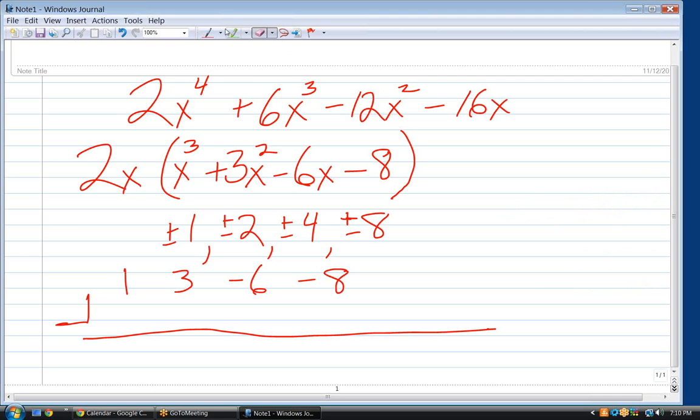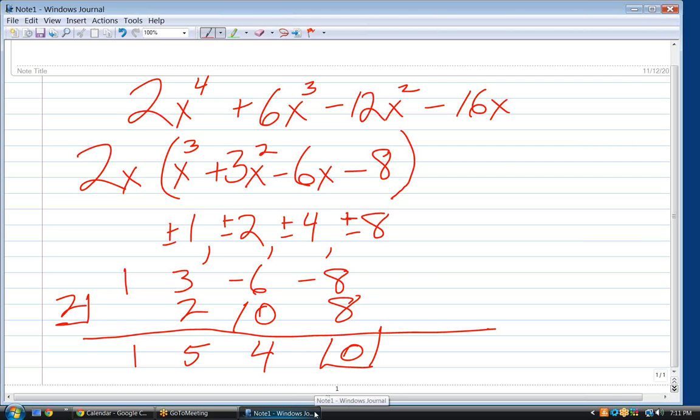Let's see if we find anything that is an upper bound. Let's try 2. Well, that gives me 1, 2, 5, 10, 4, 8. I found the 0 accidentally.